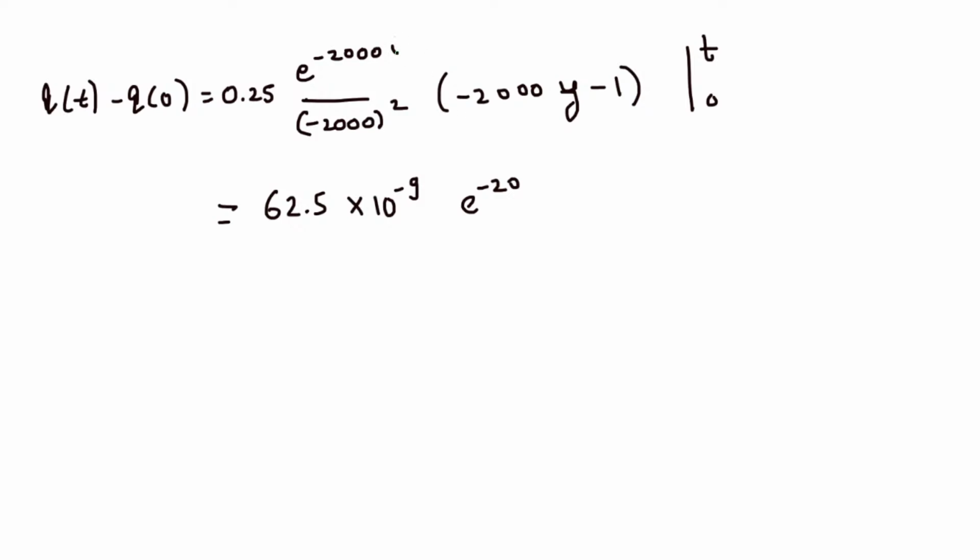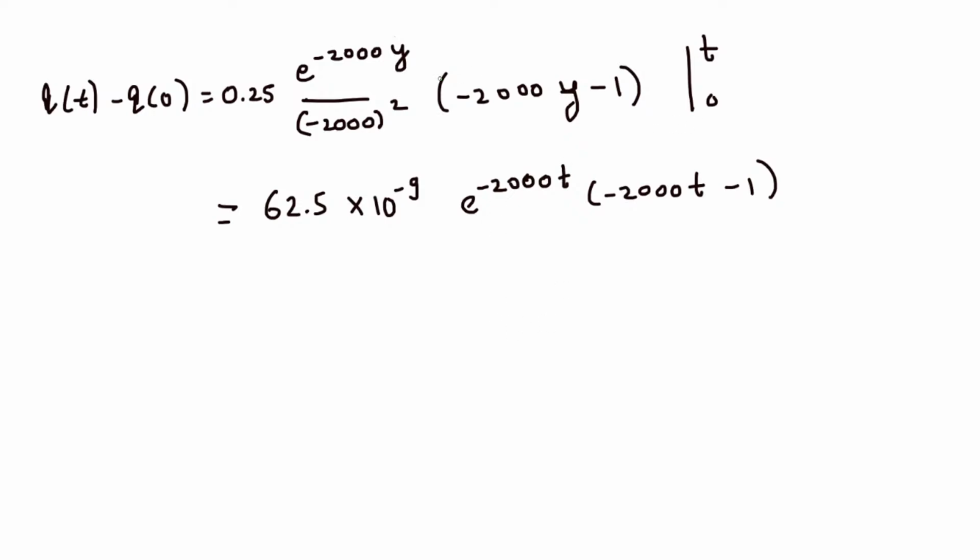So here there should be a y when we integrate, minus 2000 y, and that one should be replaced with t when we input the t. Then this negative 2000, instead of y we are going to have a t, and then minus 1, and this is for when we apply the t for the y's.